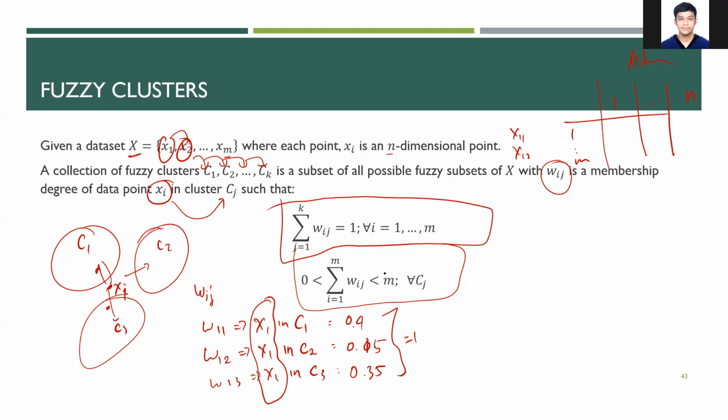It should be less than m for each cluster, where m is the number of data. So for each cluster, the sum of the membership degrees of the data should be less than the number of data itself. Therefore, this is the most important one.